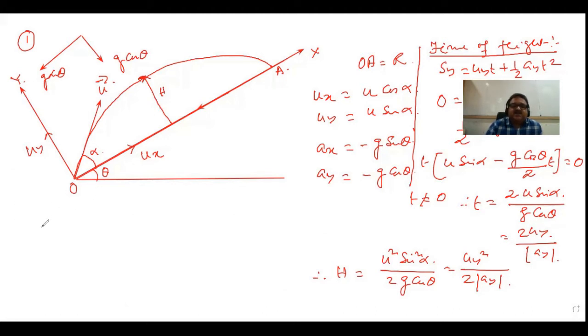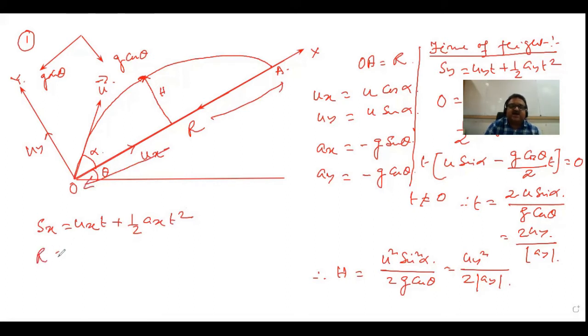Applying the formula sx = ut + (1/2) ax t². Now this is the range, and it is along the positive x-axis, so let's write it plus R.